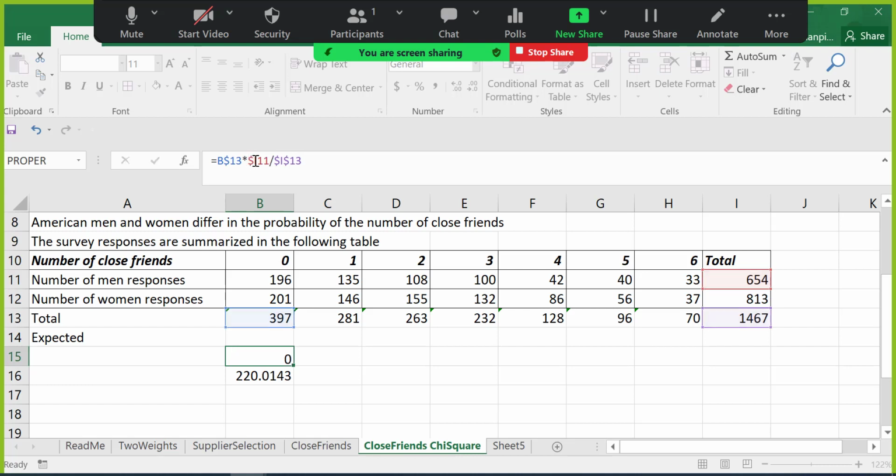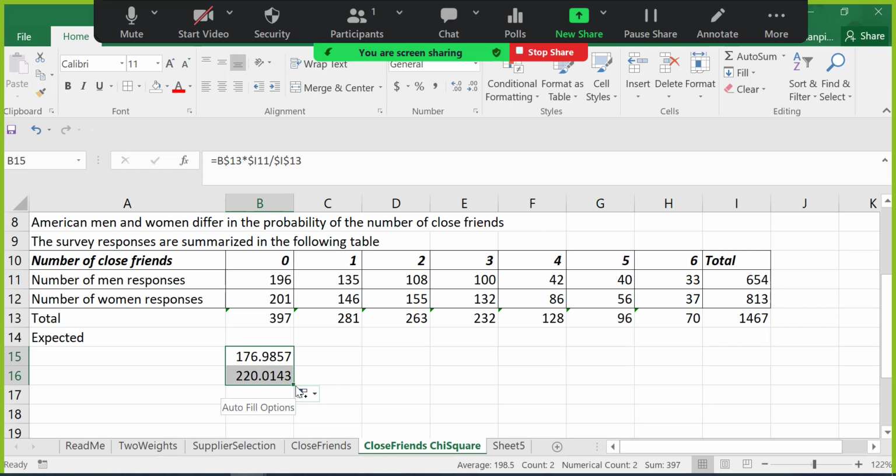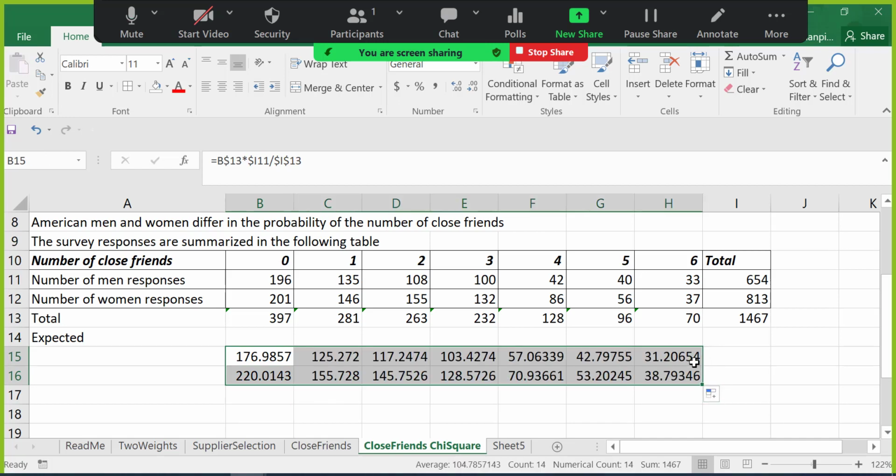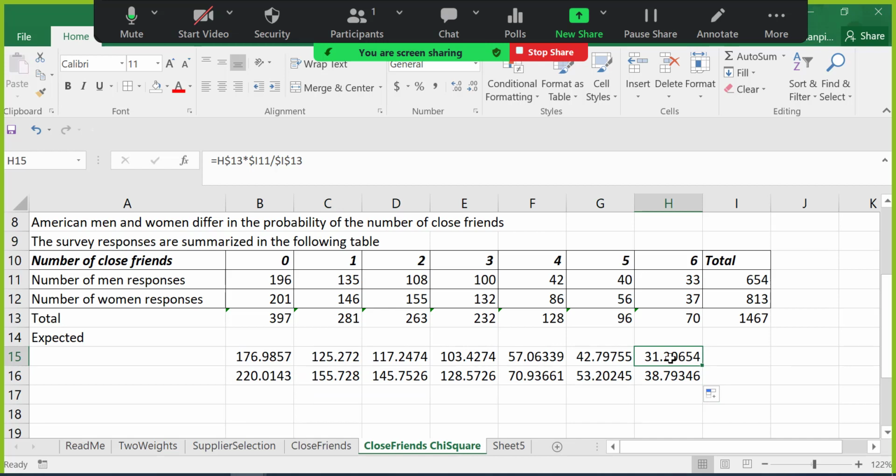Okay, now I can drag this down. Let me see. Okay, let's verify. For the last one, that's correct. Each column, 13, and this divided by this is correct.